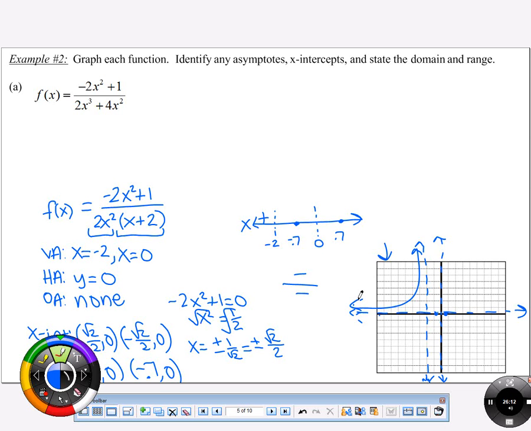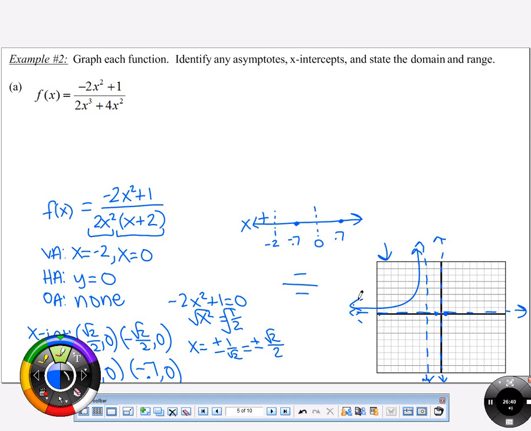Then I have to know what's happening from the asymptote to negative 0.7 right here. Is it up here, or is it down here and coming up to that point? To make that decision, I want to plug in a number that's between negative 2 and negative 0.7. Let's say negative 1, because that'd probably be the easiest number to plug in between those. When you plug in negative 1 to the numerator, do you get a negative or positive value? Negative.